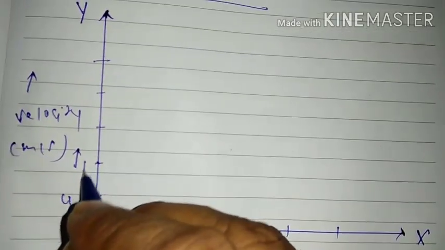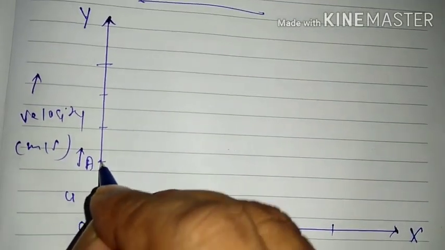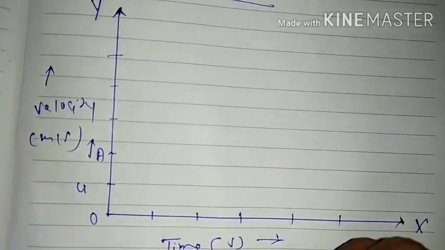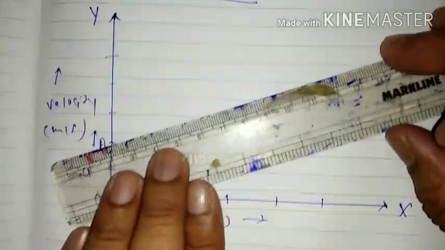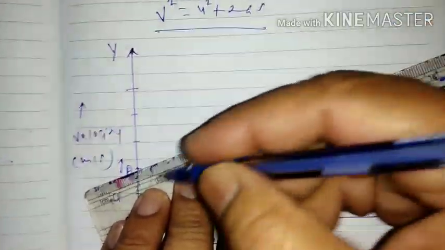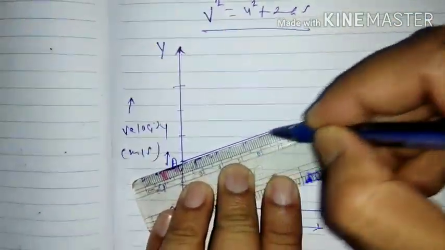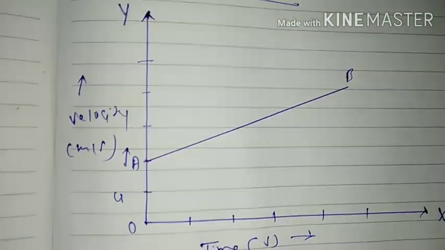So the OA portion of this graph represents the initial velocity, and after time t under uniform acceleration, its final velocity becomes v. So this AB represents the velocity time graph.